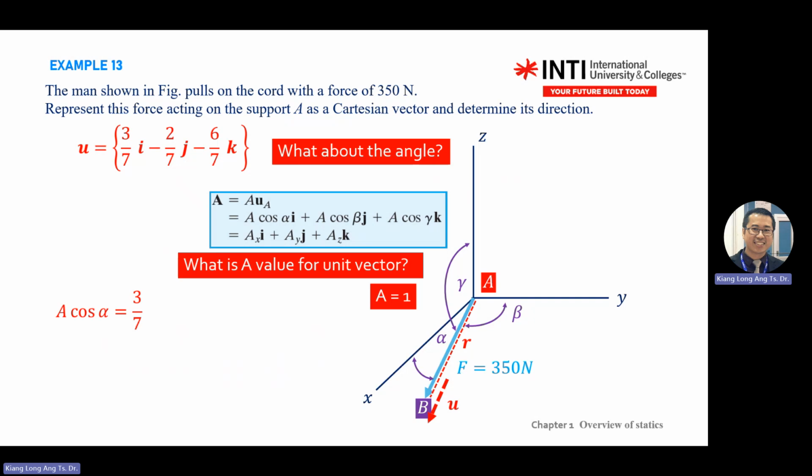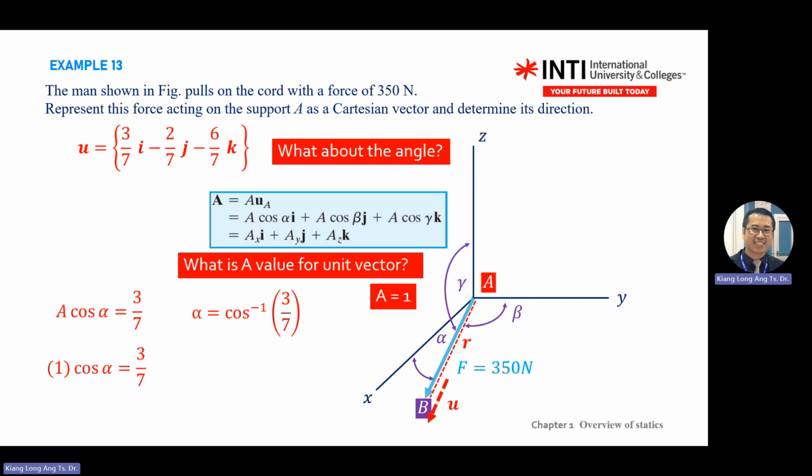The A here, it depends. Here we're taking the unit vector. Unit vector A is 1. And the cos alpha is 3/7, for example. Okay. Then you solve for the alpha. For unit vector, if you are using U to calculate this one, unit vector 1. Okay.